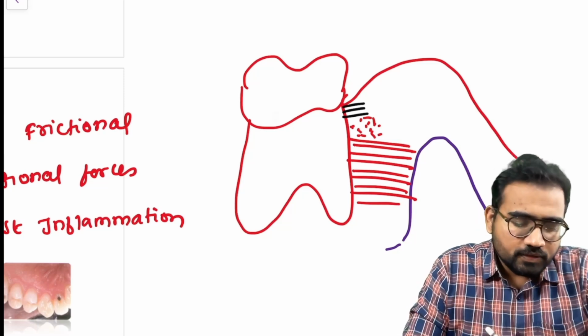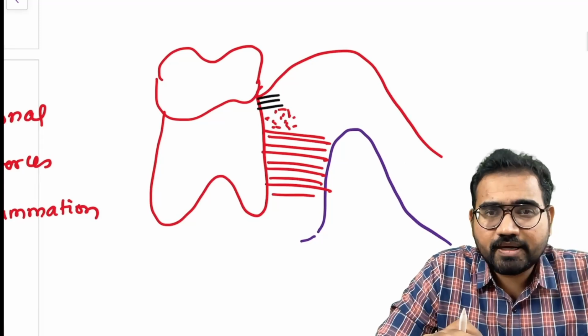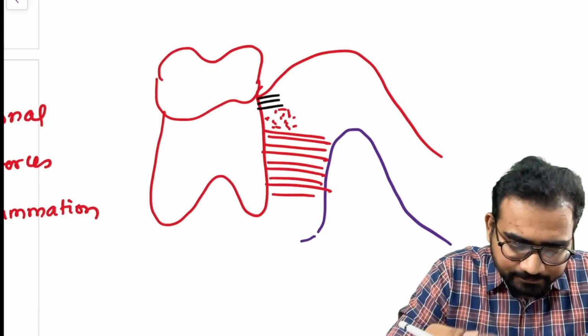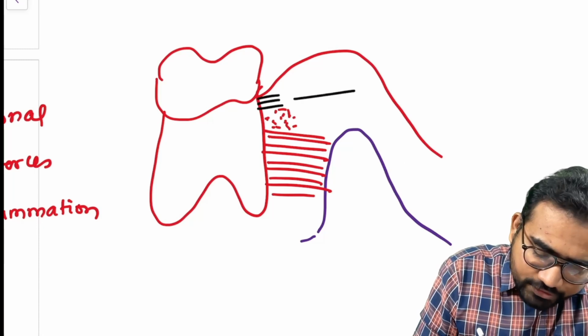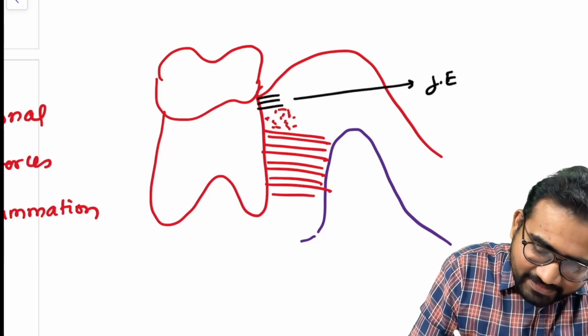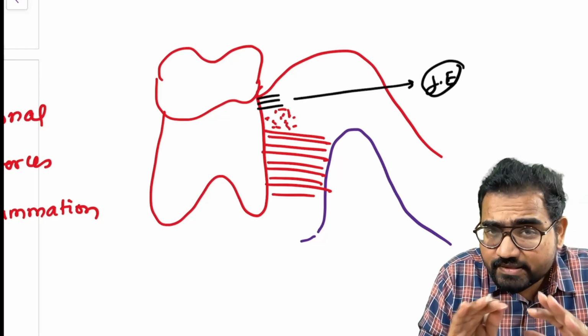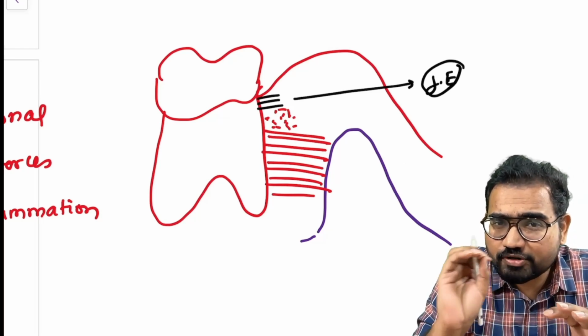Everybody would have been familiar with this, but I'll just brush it up. So this black portion is your junctional epithelium. Excellent, this is your junctional epithelium, and below the junctional epithelium you see dot dot dot dot things, right?